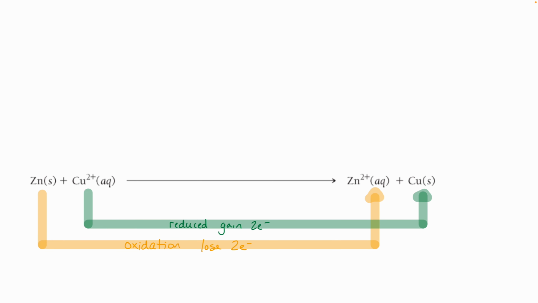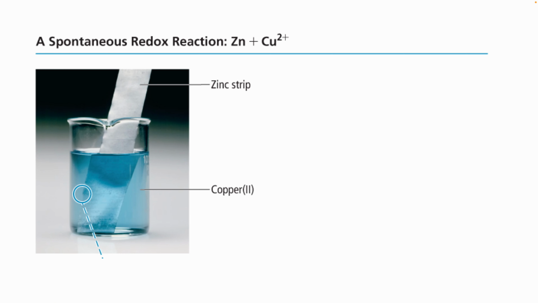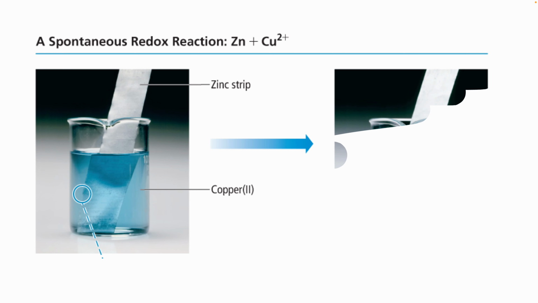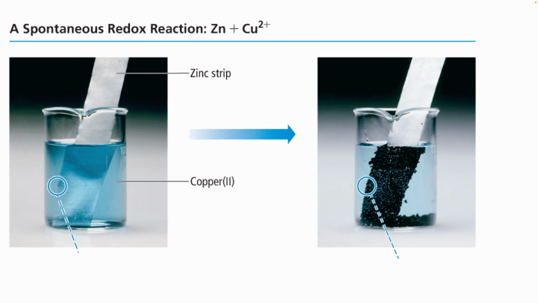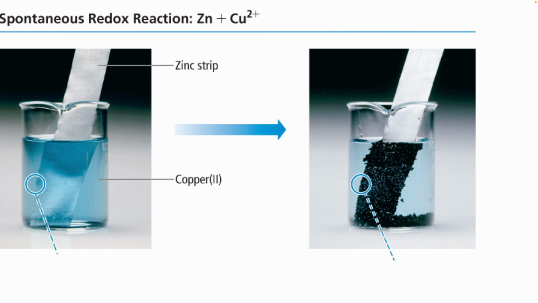And I'm going to tell you this reaction does indeed occur. This is a spontaneous redox reaction here. So if we put this strip of zinc into our solution of copper, what we would observe is all of this dark deposit on that strip of zinc. These are our new copper atoms.